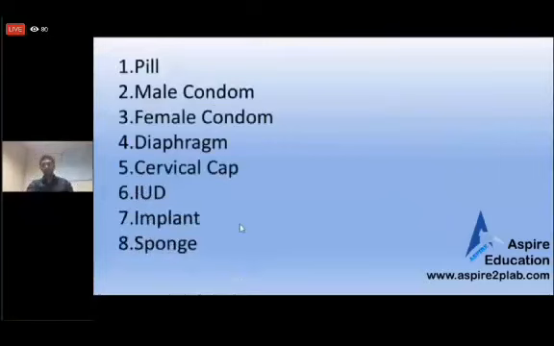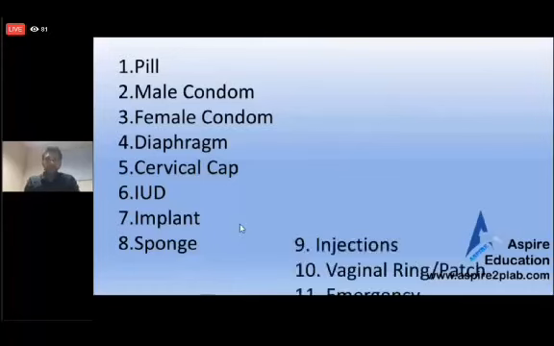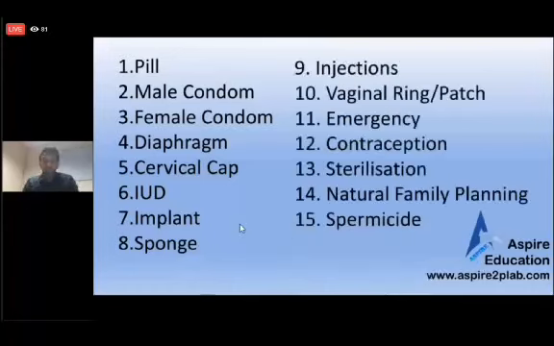So what are the other types of contraception? There will be the pill, male condom, female condom, diaphragm, cervical cap, intrauterine device, implant, sponge, injections, vaginal ring or patch, and there is emergency contraception, sterilization, natural family planning, and you can use spermicides. Whichever of these methods you suggest, and whichever method the patient might choose, you should always advise about STIs and the use of condoms.